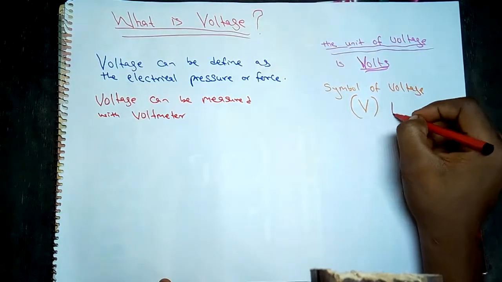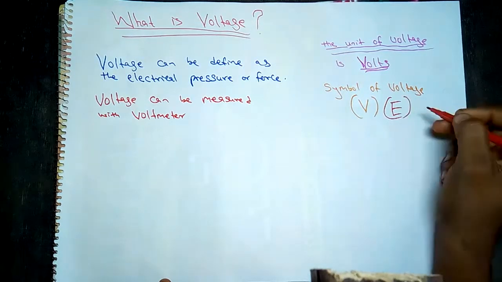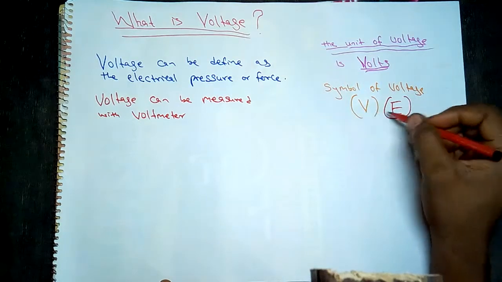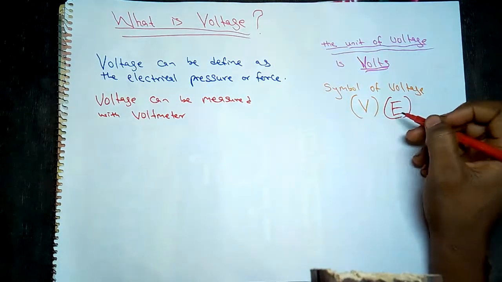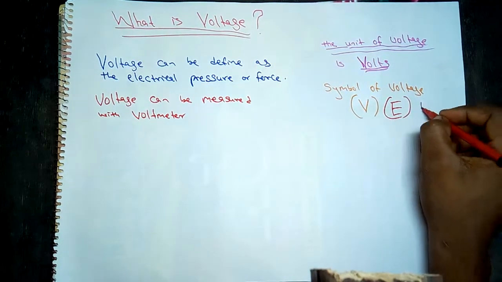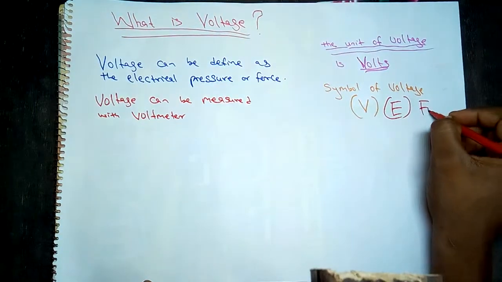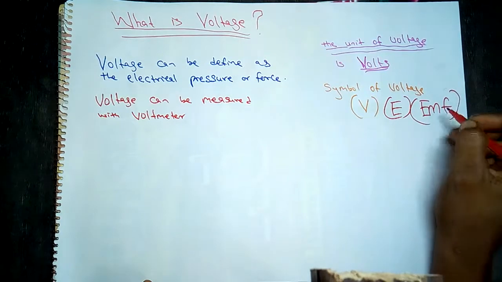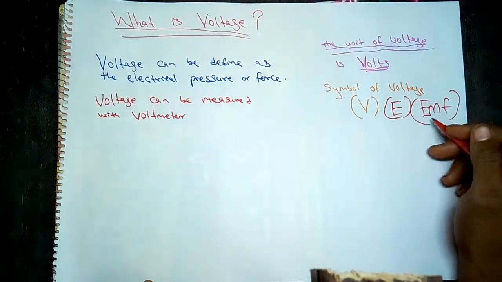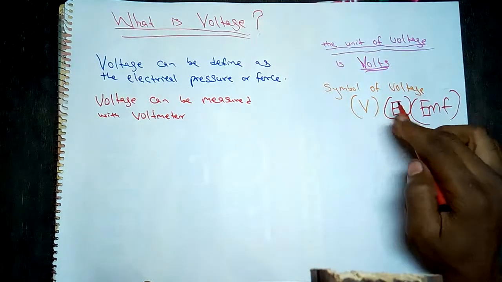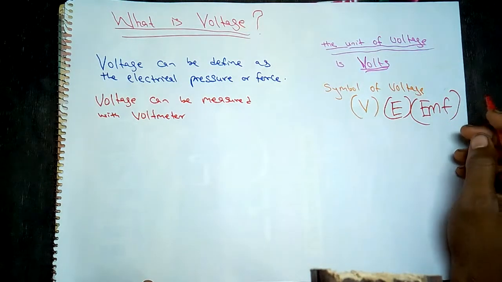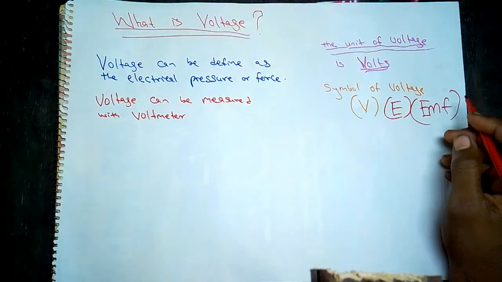Another one is the letter E. It's also known as voltage. Or whenever you see EMF, in a future video we are going to talk about this EMF, but these three symbols are talking about voltage.